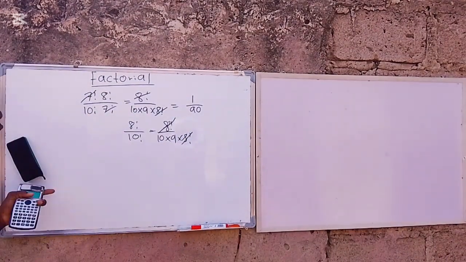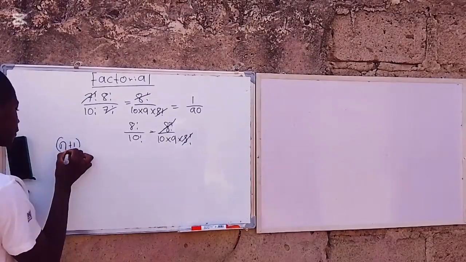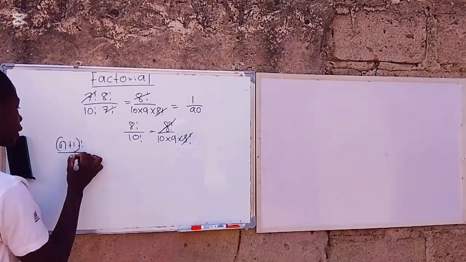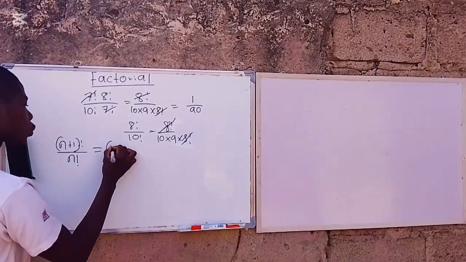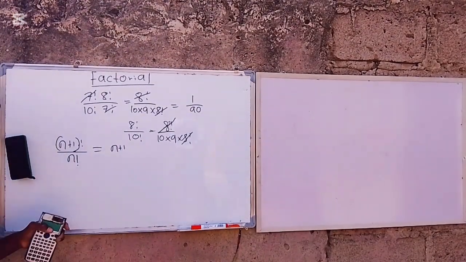So what if you are given n plus 1 factorial divided by n factorial? It is always equal to n plus 1. So how?